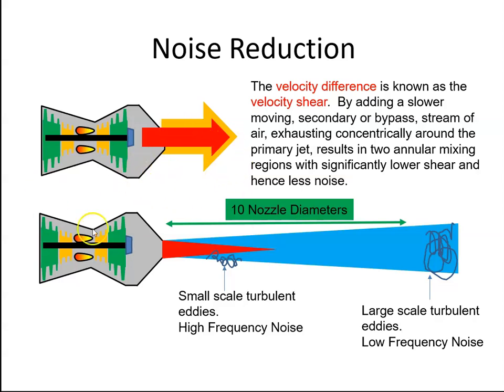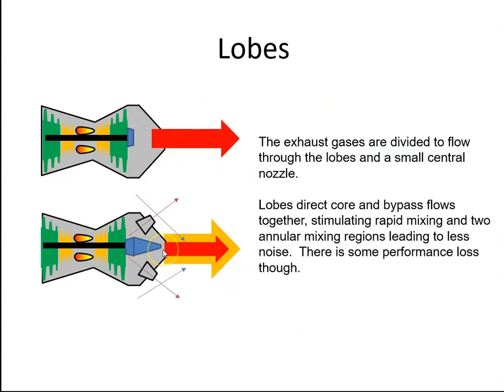So how are we going to create this second mixing region? Well, one way of doing it is to use lobes. With lobes, the exhaust gases are divided into a flow through the lobes and out through a smaller nozzle.